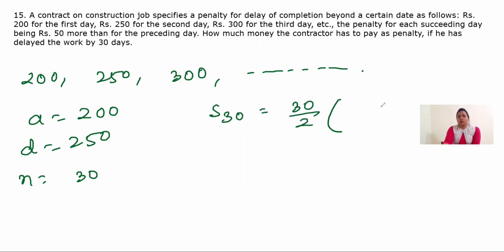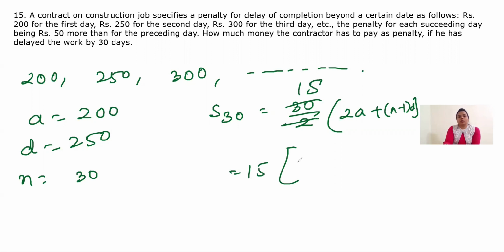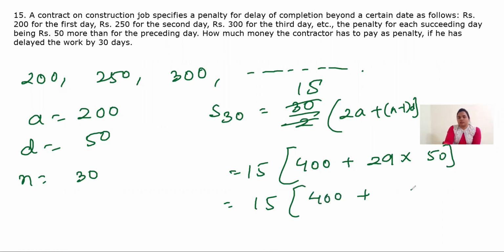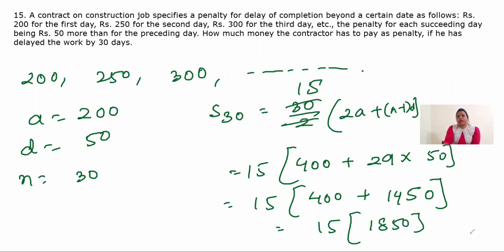That is equal to 30 by 2, into 2A plus (N minus 1)D. 30 by 2 cancels to 15. 2 into A will be 400. N minus 1 is 29. D is 50. So this will be 15 into (400 plus 1450), so I can multiply 15 and 1850 and I'll get the answer.